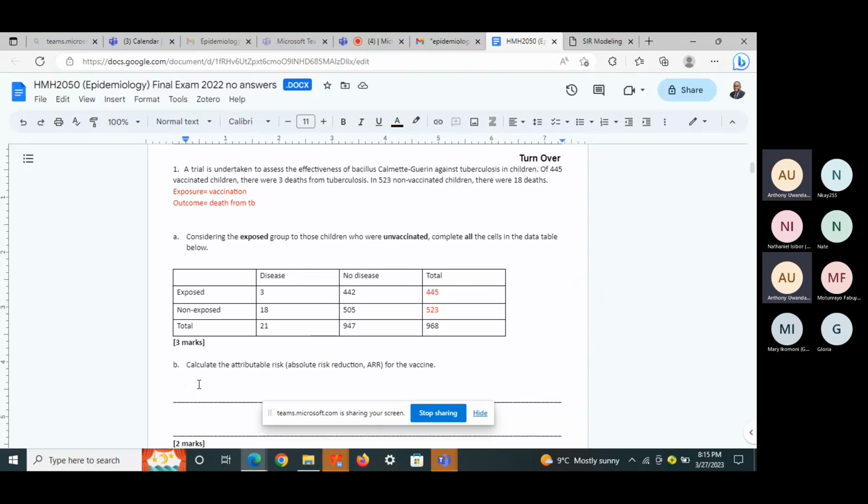So AR will be equal to 3 divided by 445. So what is the answer? 3 divided by 445 is what? 0.